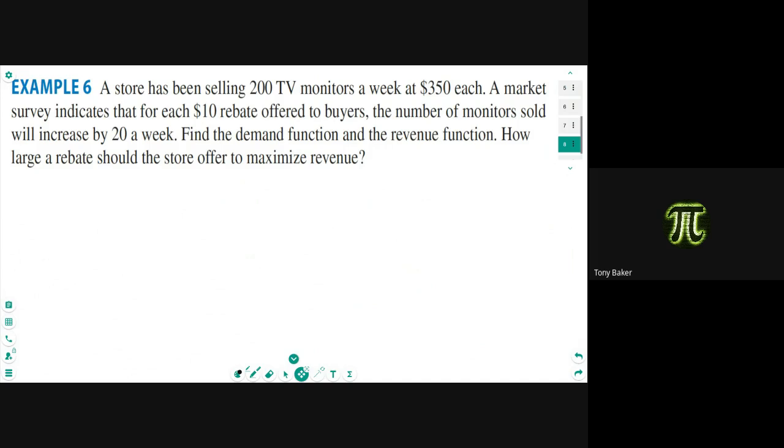A market survey shows that for every $10 rebate, the number of monitors sold is increased by 20. How large of a rebate should the store offer to maximize revenue?